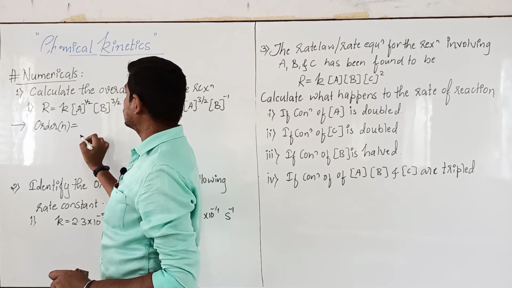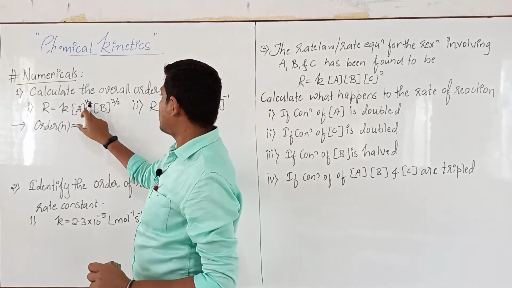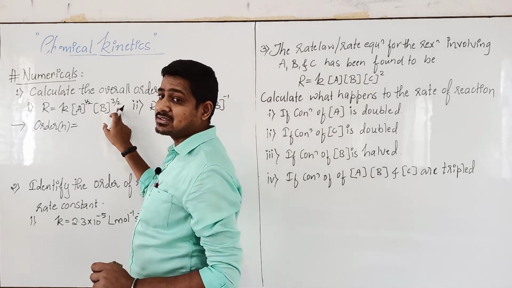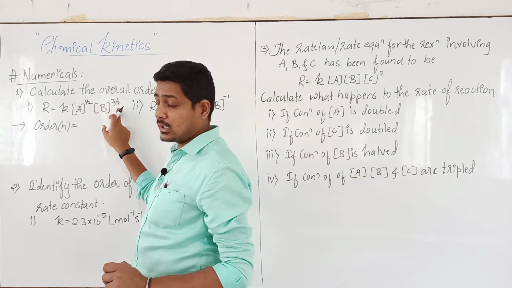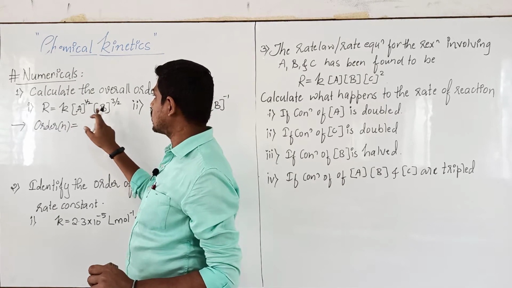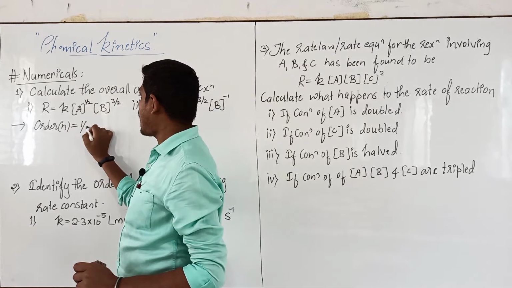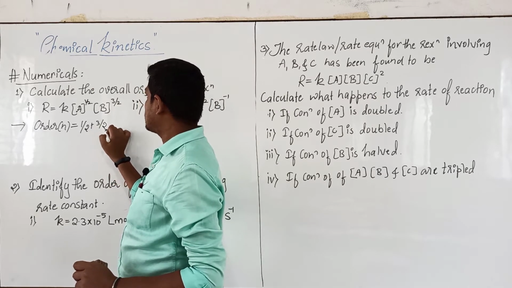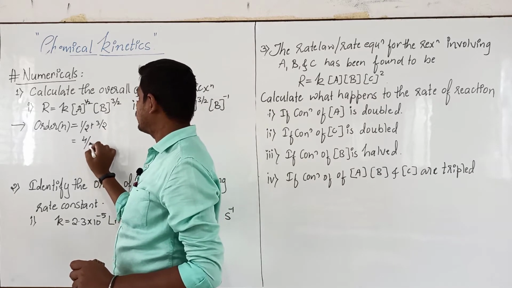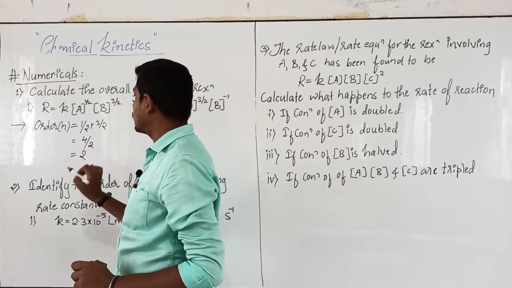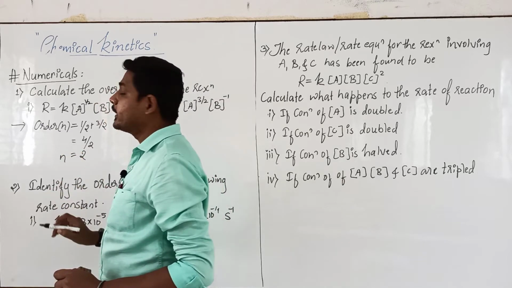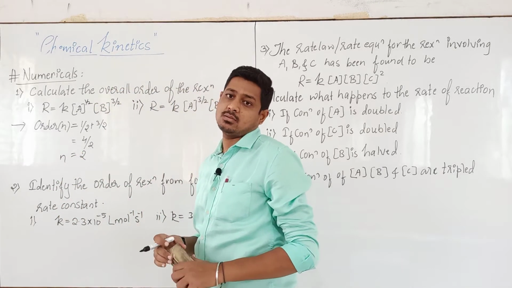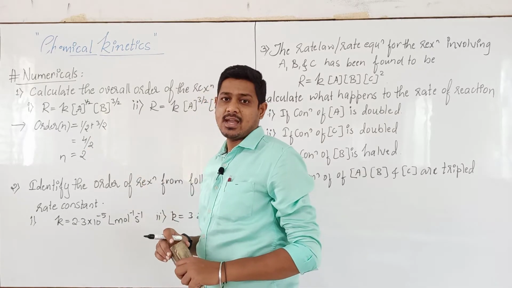This is equal to the sum of the powers of the concentration of reactant terms in the rate equation. So what are the powers now? Half plus 3 by 2, so this will be 4 by 2, which is equal to 2. So n is equal to 2. So what is the order of the reaction? It is a second order reaction.